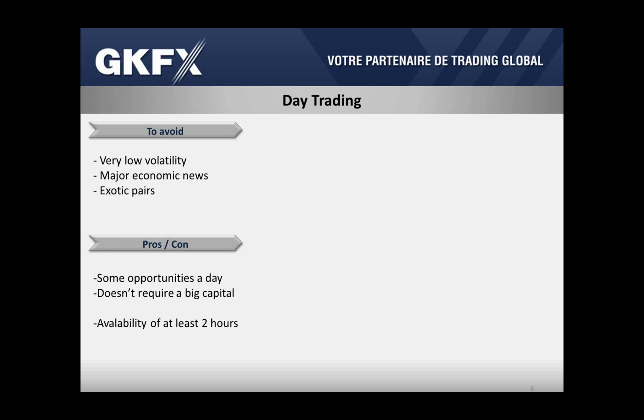So usually you have to spend 1 hour in the morning and 1 hour during the day to watch your position, your orders. So 1 hour to define your trading plan, your trading strategy, and 1 hour to watch your orders and positions.